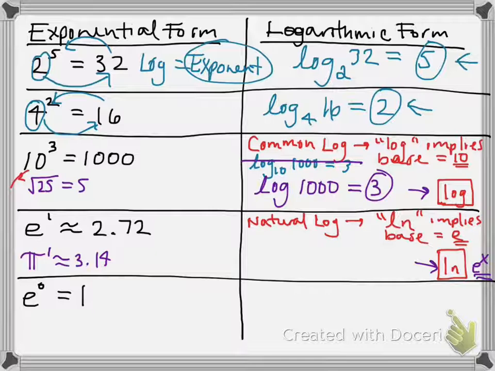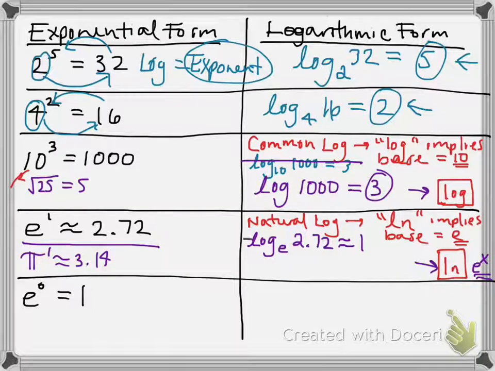All right, so focusing on this expression, e to the first power is approximately equal to 2.72. If I want to write that in logarithmic form, at least initially, I might write log base e of 2.72 is approximately equal to 1, right? But just like our common log, we've got this ln abbreviation.